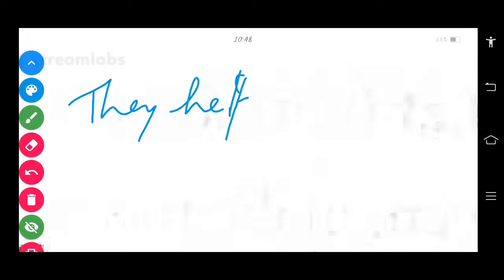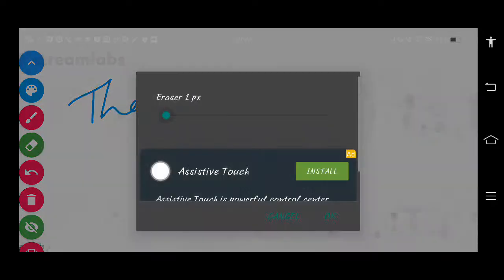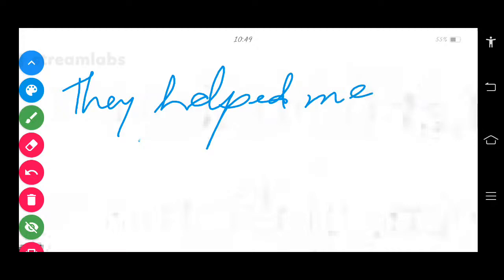They helped me. They helped me reach there.